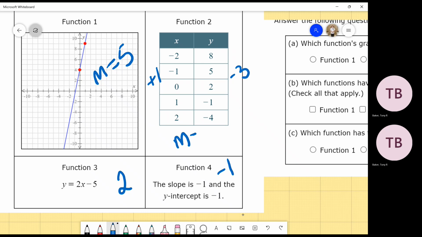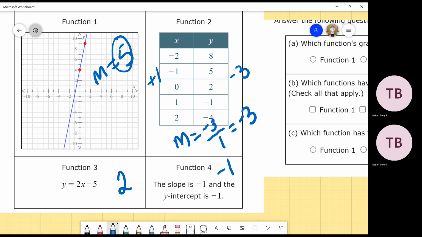So my slope is what? Which one goes on top, the -3 or the 1? Which value is on top of my slope? The rise, right? Which value, x or y? The y. So it's -3 over 1, which is -3.